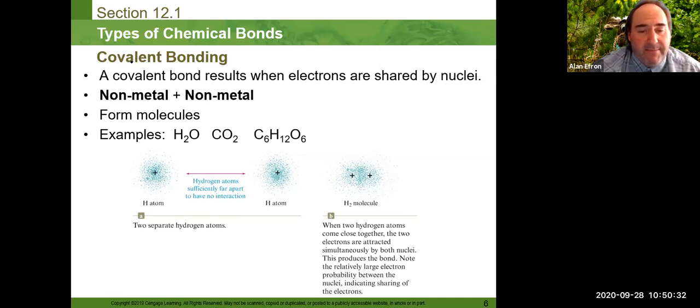When they come together, the best they're going to agree upon is, you can't take my electron and you're not going to give me your electron, so why don't we just share those electrons? And that's what we envision happens here.